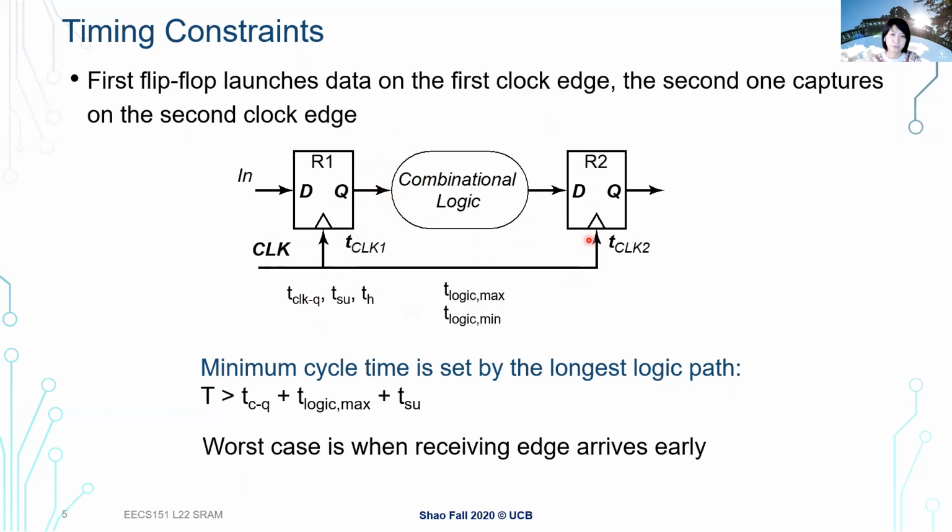And for the end flip-flop here, we also need to consider the setup delay between our input and the clock. So this is what we need to consider when we think about our clock period, which will determine our clock frequency. So that's the first part when we think about the timing constraint.